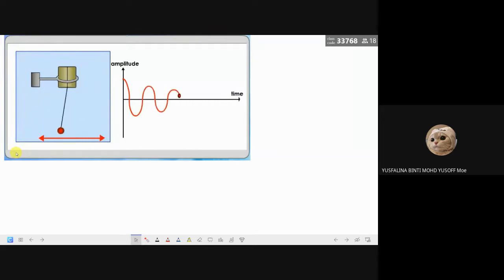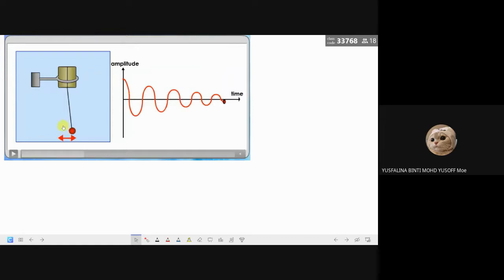Okay, so you can see here, when the pendulum starts to oscillate, because it starts from here, it means the amplitude is the maximum. After that it goes back to the equilibrium position here, so it will become zero.